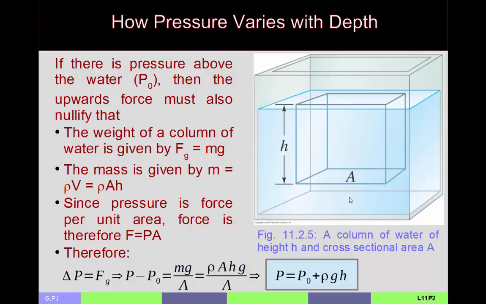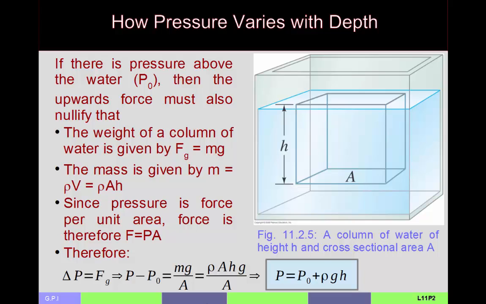So the force acting downward from pressure above must be P times A, or P0 times A. The force acting upward from below must balance out P0 plus the weight of this. And so what that means is that this force acting from below must be P0 times A plus the weight, which was rho A h g, all divided by A, the area.